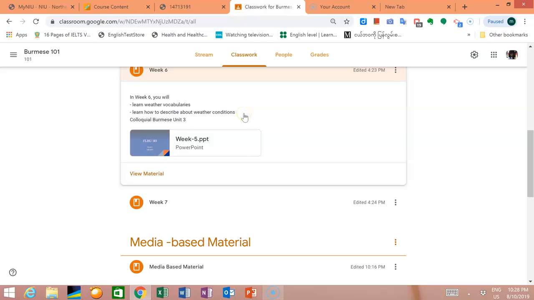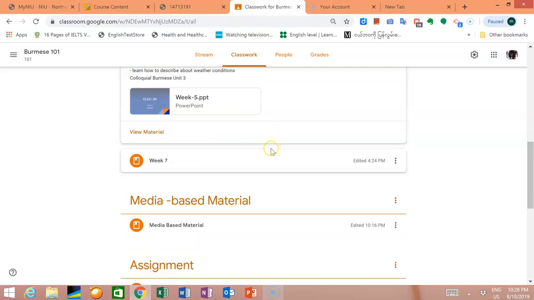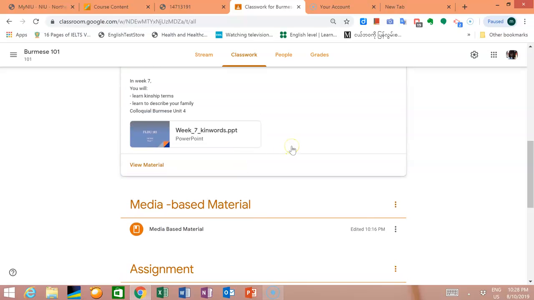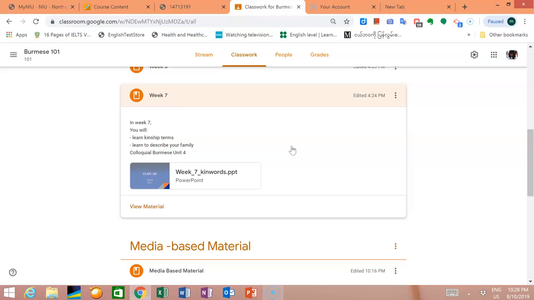They're required to study Unit 3 from Colloquial Burmese. And in week 7, they will learn the kinship terms and how to describe their families.